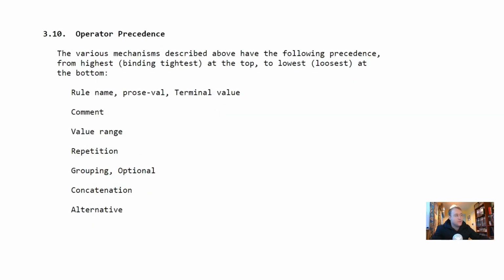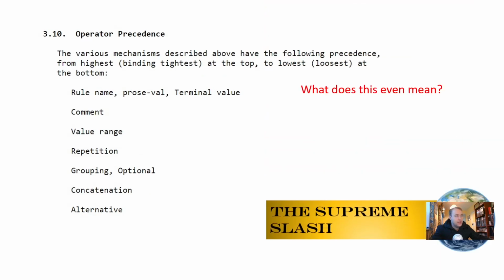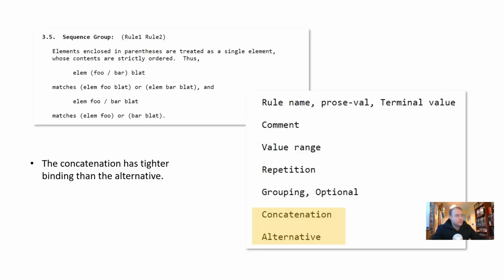Remember that the white space is explicit with ABNF, and then the alternative, that slash, not a backslash. So we can now use this hierarchy to explain, because I know that it can be a bit strange at first talking about tight binding and loose binding, in what sense does a rule name bind. But if we remember this slightly counterintuitive lm foo / bar blat, we said most people would think that the / actually only concerns the foo and the bar either side.